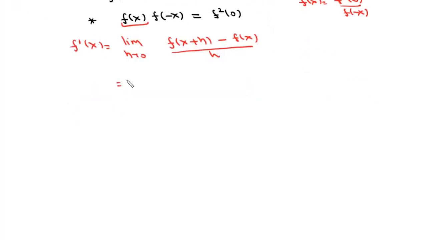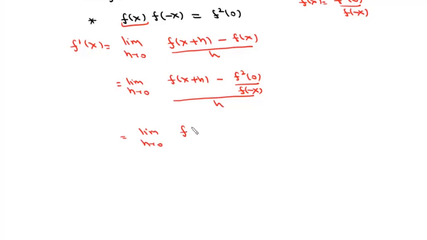So it will be this limit h tends to 0 of f(x + h) minus f square 0 upon f(-x), divided by h. Now we can write this as limit h tends to 0 of f(x + h) into f(-x) minus f square 0 upon f(-x) into h.